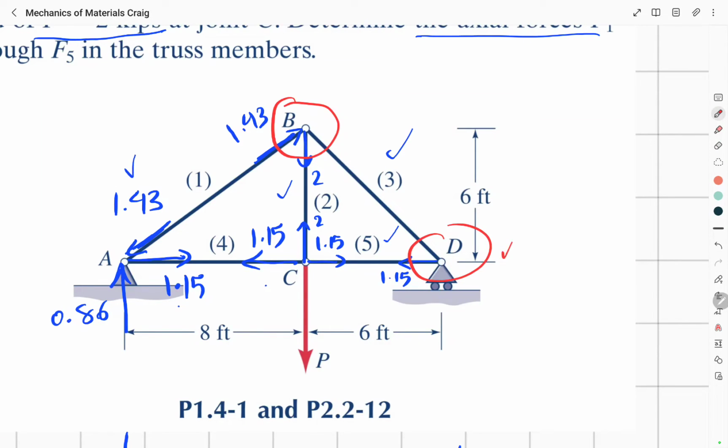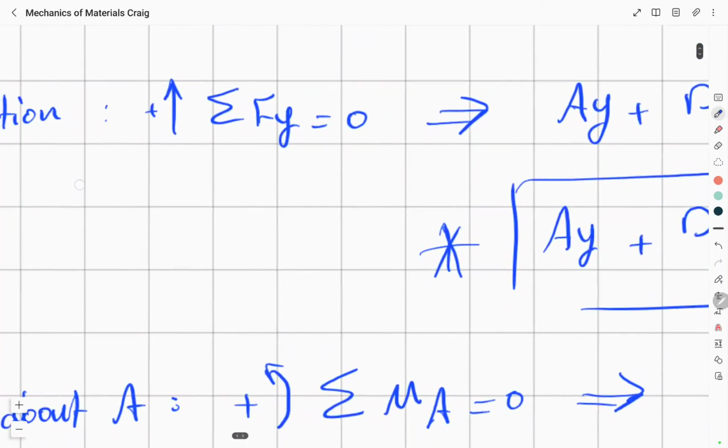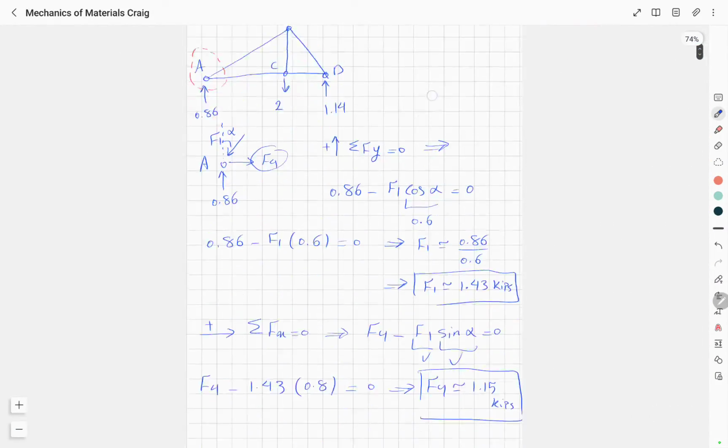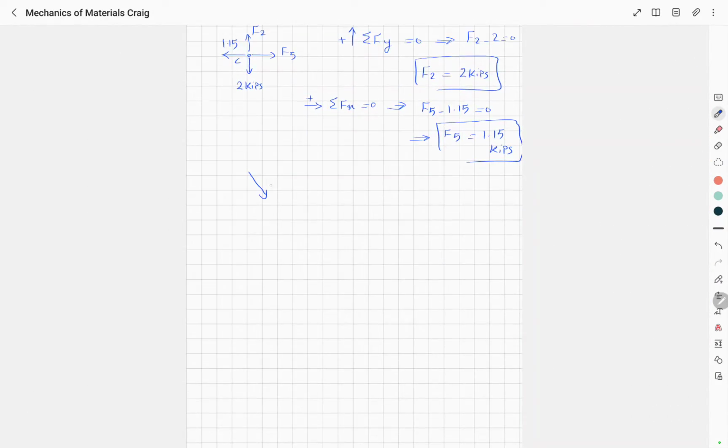Now we're going to use joint D. We have this force here. This is joint D. We have this force, which was DY, equal to 1.14. We had this force, which is 1.15. This is our F3.